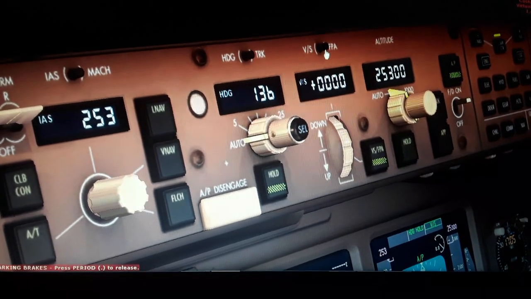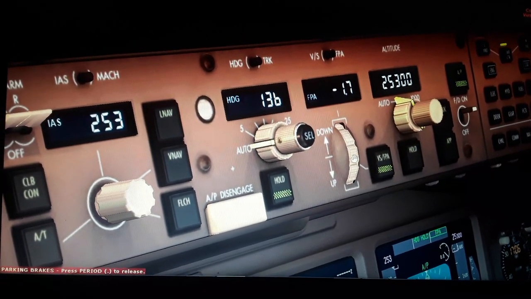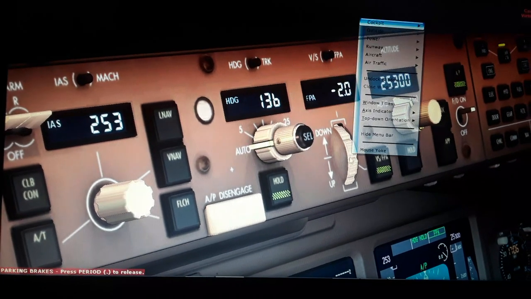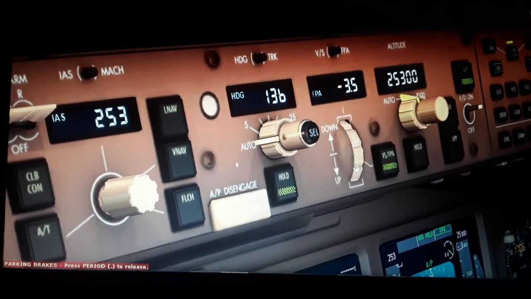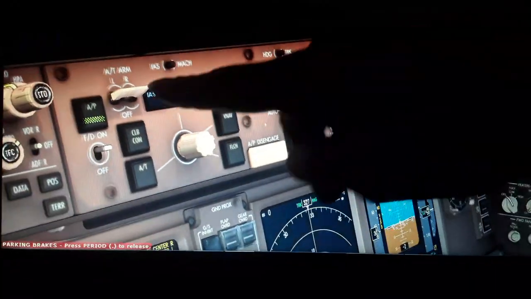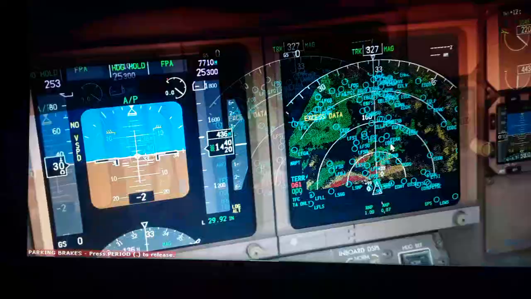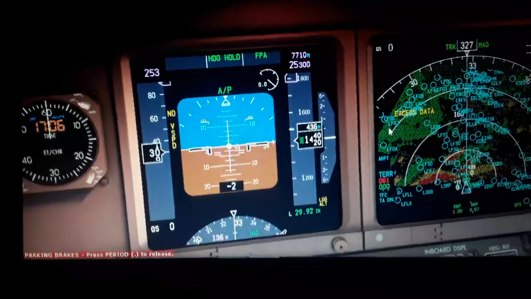We can use a flight path angle, like at descent you will see a minus sign, like minus 3.5 degrees. So this is gonna be a descent, a negative minus 3.5 degrees with the autopilot on. It's gonna determine a descent from the cruise level.